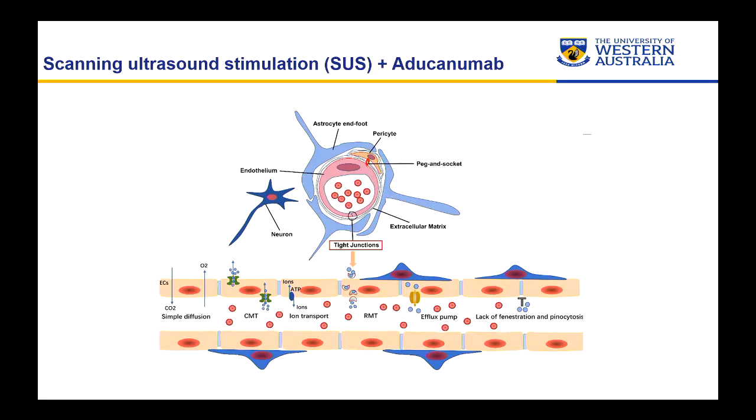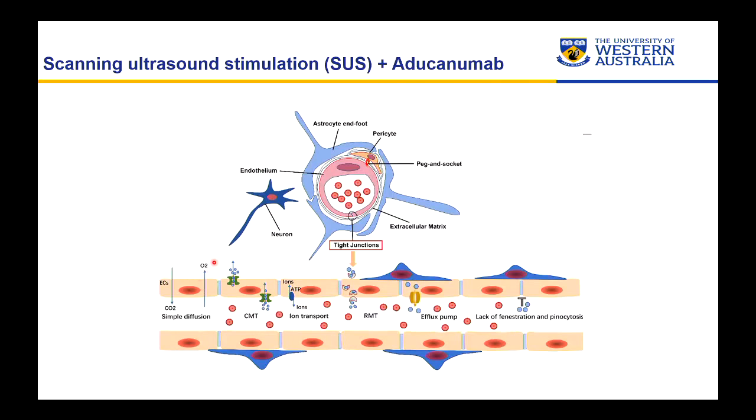Scanning ultrasound stimulation, or ultrasound stimulation in general, can actually be used to open the blood-brain barrier, reversibly. So let's say you apply ultrasound stimulation to the brain. What studies have shown is that if you use a specific frequency and do it for a specific time, you can create little holes in the blood-brain barrier.